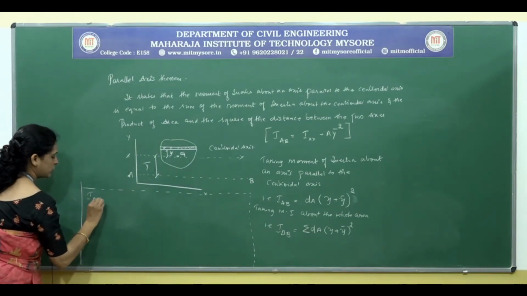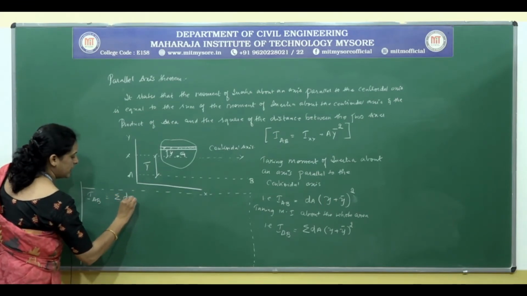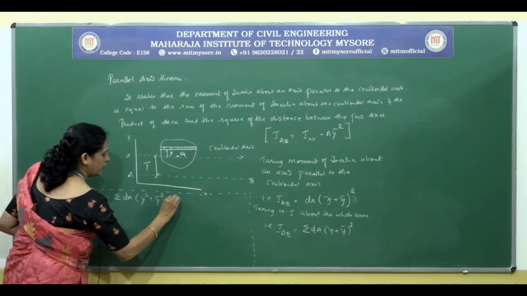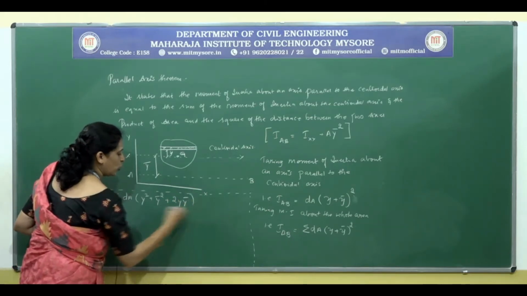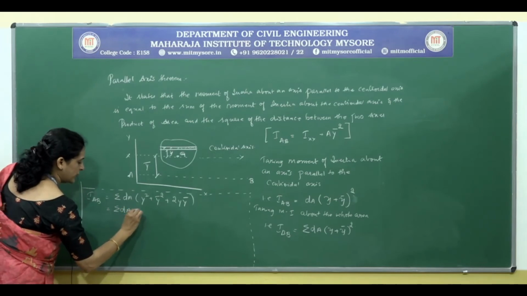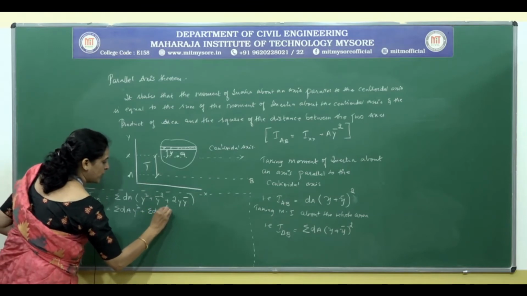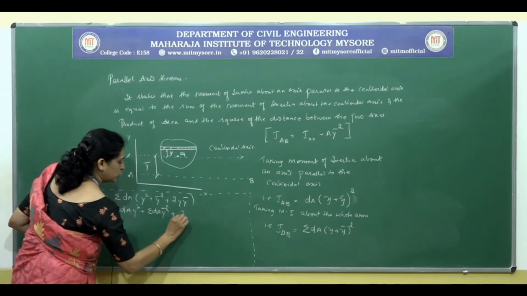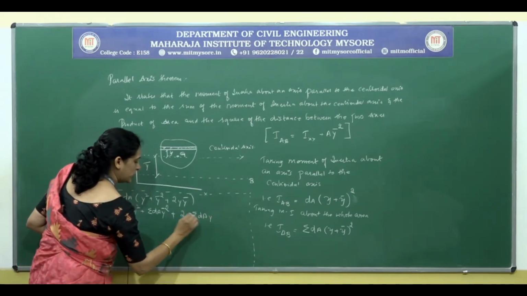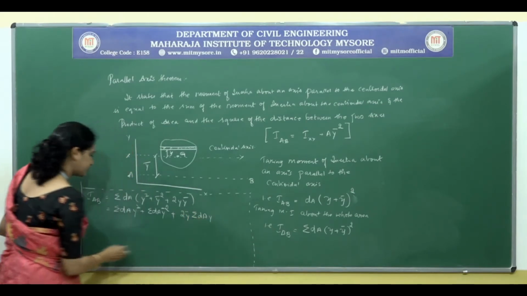We get summation I_AB is equal to summation of dA into (y square plus y bar square plus 2y y bar). Upon simplifying, we get summation of dA y square plus summation of dA y bar square plus 2 y bar into summation of dA y.